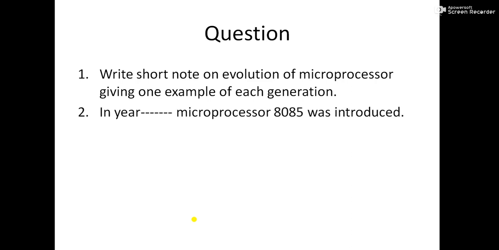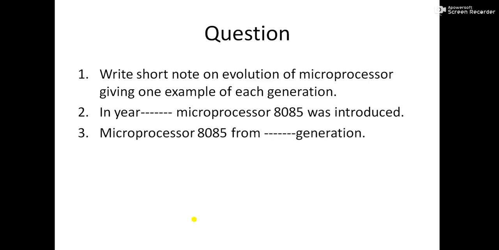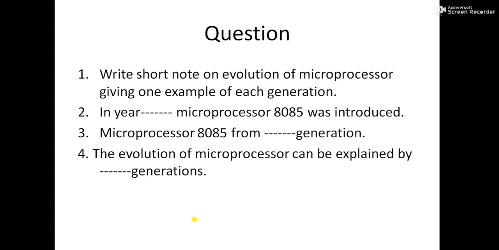The fill in the blanks question can be like: in year dash microprocessor 8085 was introduced. So what is the year? Yes, it is 1976. Third question can be: microprocessor 8085 is from dash generation. So it is from second generation.